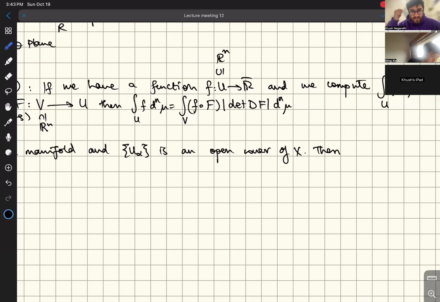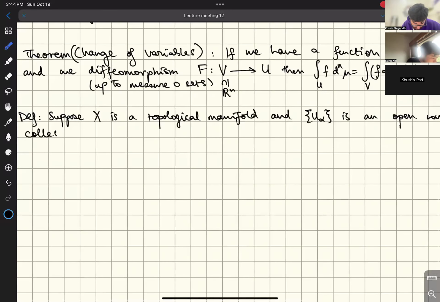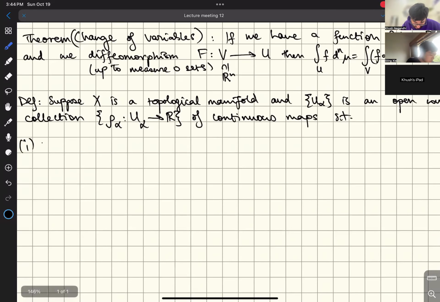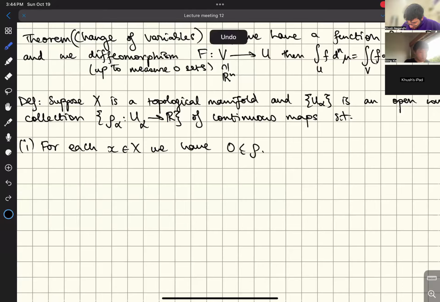The conditions are important, and we'll now list them. So there is a collection of continuous maps, called rho alpha, from U alpha into R, such that one, for each x in X, rho is between 0 and 1.